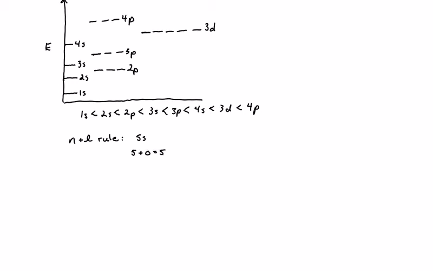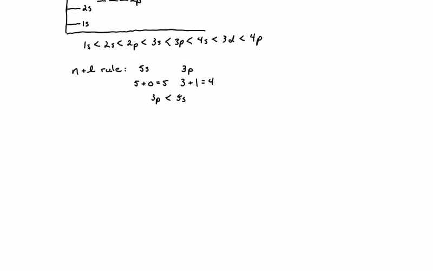If we compare that to, say, a 3p orbital, okay, here we have an n equal to 3. And an L, well, let's see, we have a p orbital here, that's going to be a 1. That's going to be a 4 total, which means the 3p orbital is going to be lower in energy than the 5s. Okay, that's one way to do it.